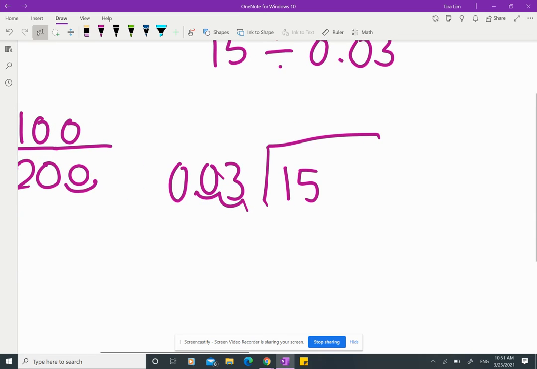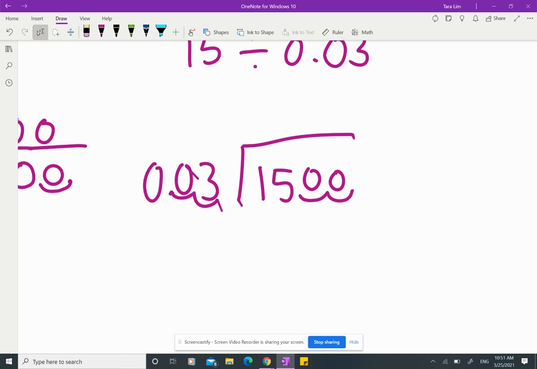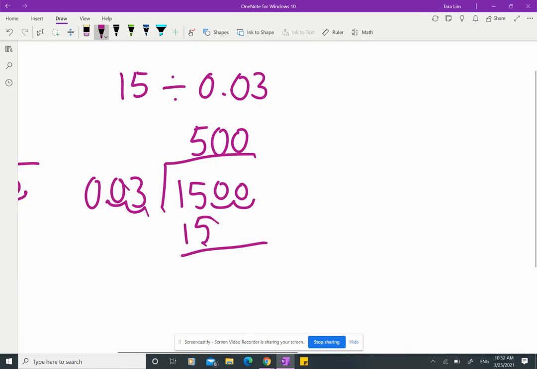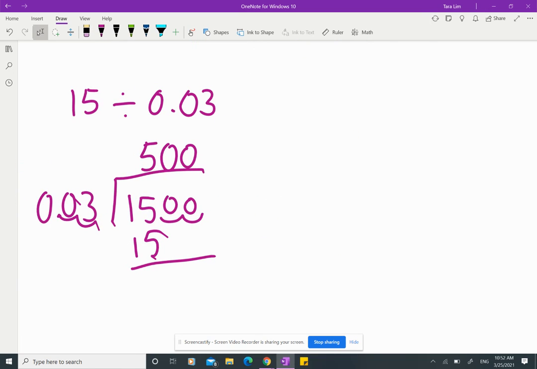And here you can see we move 2 decimal points. So that means here we also must move 2 decimal points. So it becomes 15,000 divided by 3. Now that will give us 500.